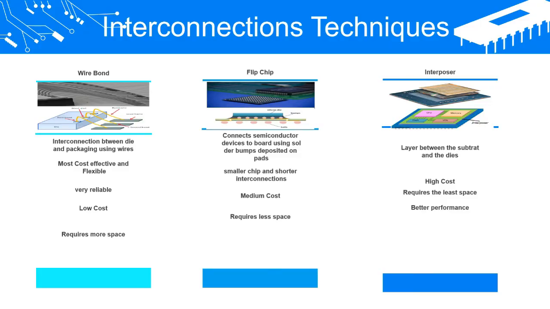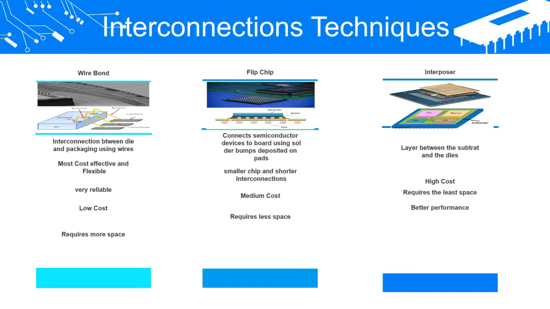So, the interconnection techniques. We have the wire bond, an interconnection between die and package using wires; it is the most cost-effective and flexible, very reliable, low cost, and requires more space.